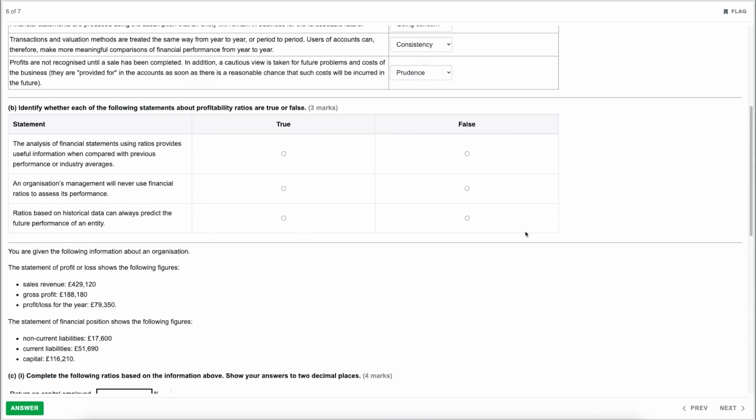Moving on then to part B, identify whether each of the following statements about profitability ratios are true or false. 3 marks, so again, 1 mark for each statement. First one then, the analysis of financial statements using ratios provides useful information when compared with previous performance or industry averages. That would be absolutely true. When it comes to ratios, it's definitely an apples to apples kind of scenario.